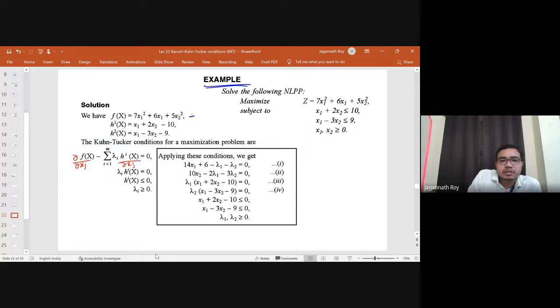Okay. So from here, del f del x1 is 14x1 plus 6. Del f del x2 is 10x2. So this is del h1 del x1 equals to 1.